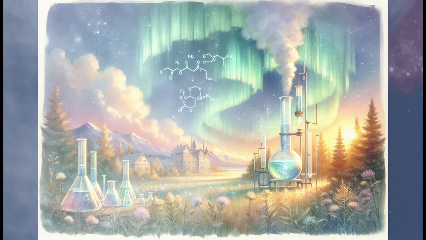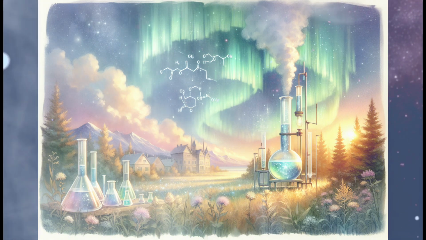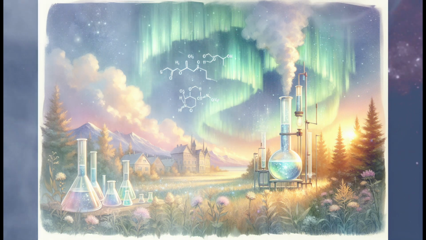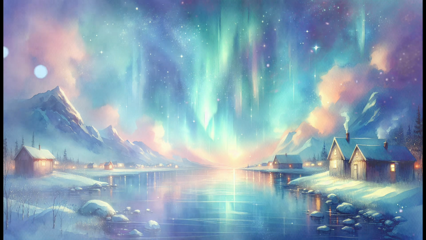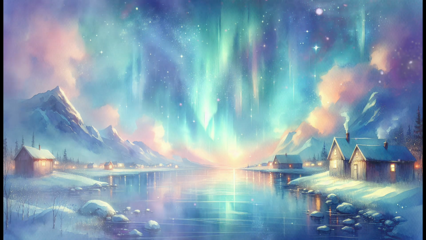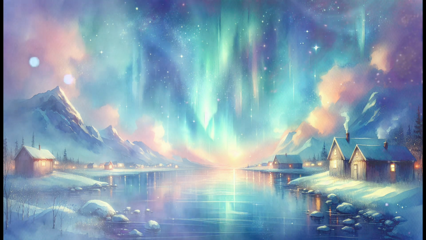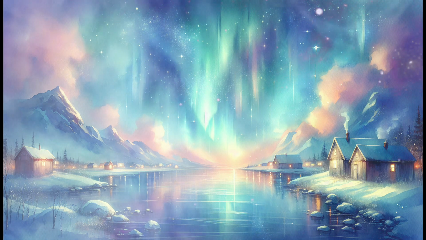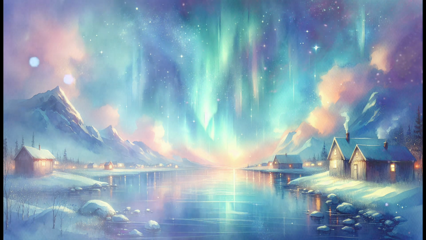The specific conditions during a solar storm can also intensify the colors observed in the auroras. During periods of heightened solar activity, such as solar flares or coronal mass ejections, the influx of charged particles is significantly increased.